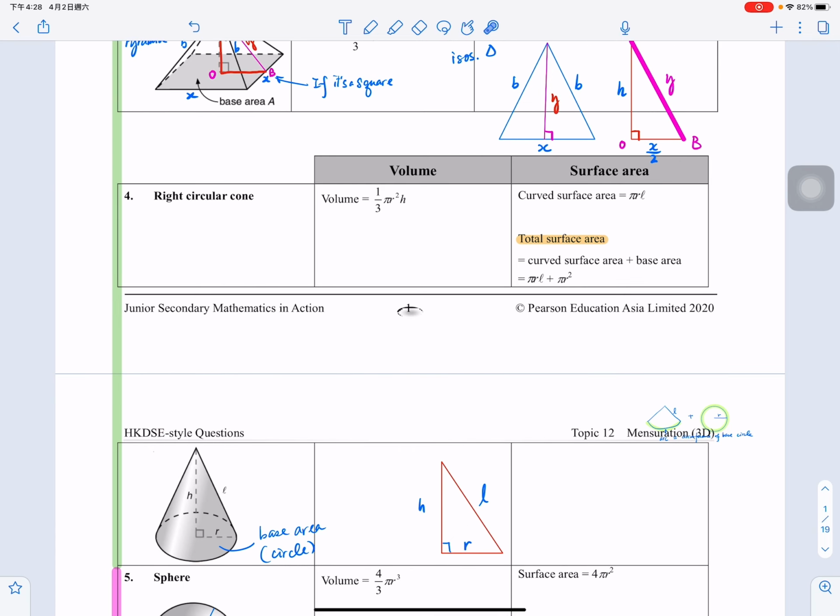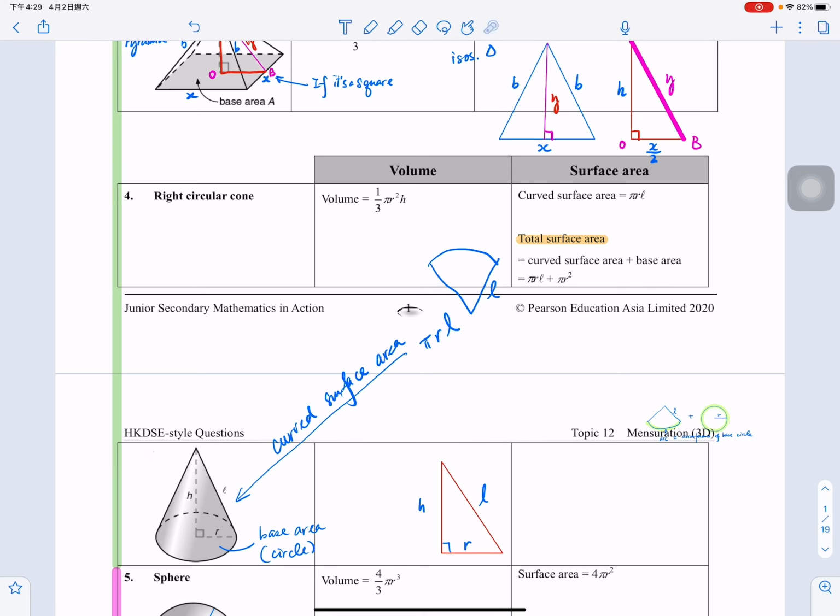For a circular cone, you need to think, do you know the curved surface area? This curved surface area is pi r l. R is here, L is this length, and this angle is theta.